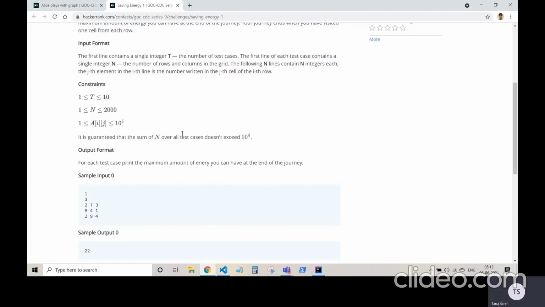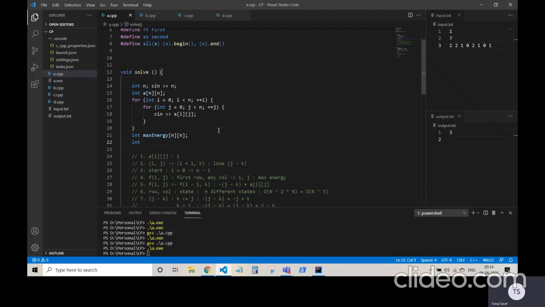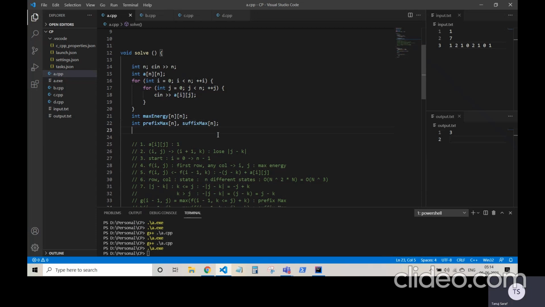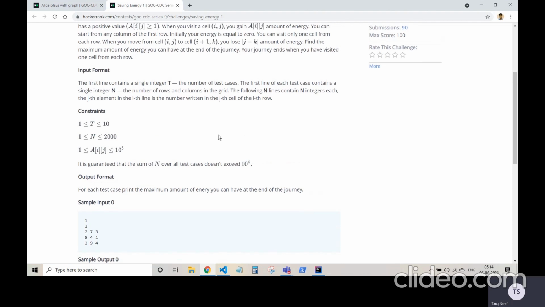Now I would need another array that stores the maximum energy till the i comma jth point. I would also need an array for maintaining the prefix maximum of each row. Let's call it prefix max, and let's maintain a suffix max. Since we are starting the journey at the first row, we already know the answer for that row. That is our base case.